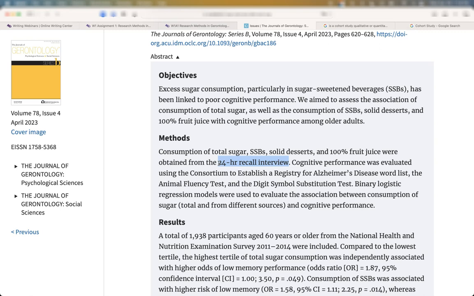Well, eat and drink in this case. And then we see that they had a way that they were analyzing it, and it looks like things were being counted. So seeing how things showed up on the word list, the substitution test, and that is definitely statistical analysis that you would use in a quantitative study.